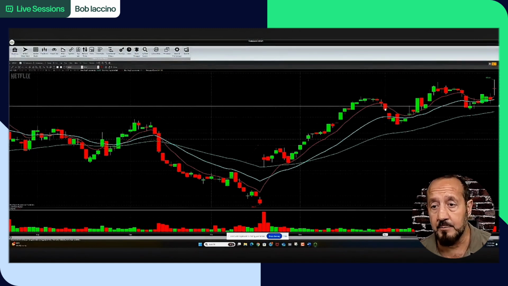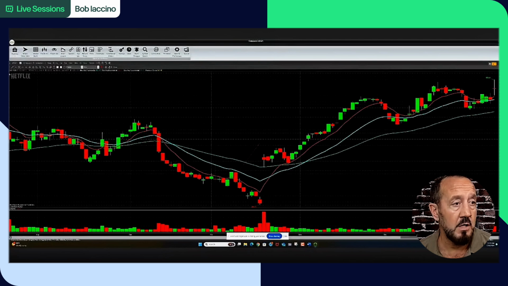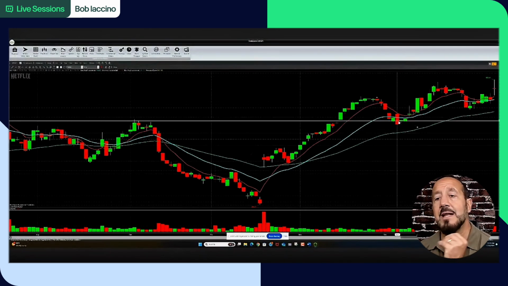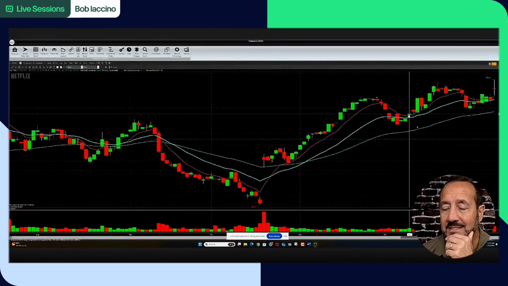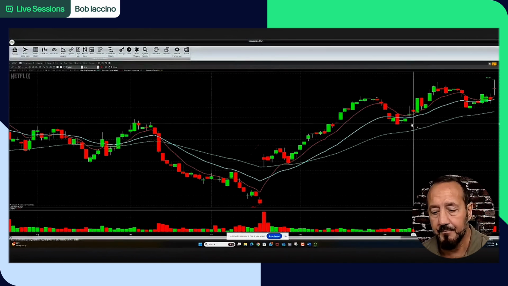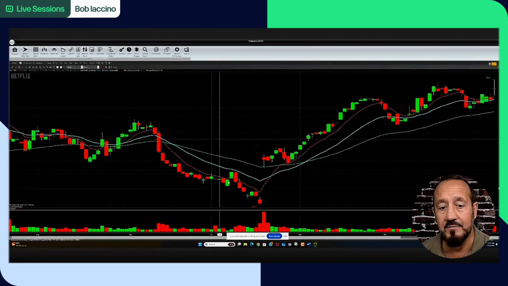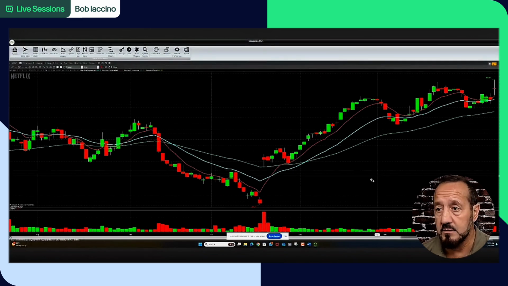Now here I've got a move into the rotation zone so I can draw my best fit line looking for a long trade, okay? But prior to getting a break of that best fit line, the rotation zone flattens out. I get a couple of closes. So now this is gone. It's not a trade for me. So that's the separation of trades, okay?